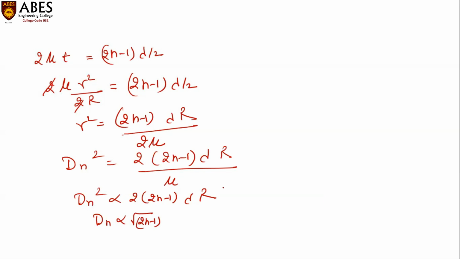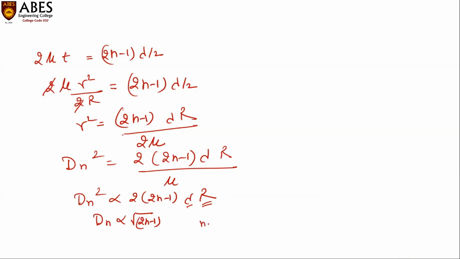If we put n equal to 1, 2, 3, 4, then the diameters of the bright rings are proportional to the square root of the odd natural numbers, because R and lambda are fixed.